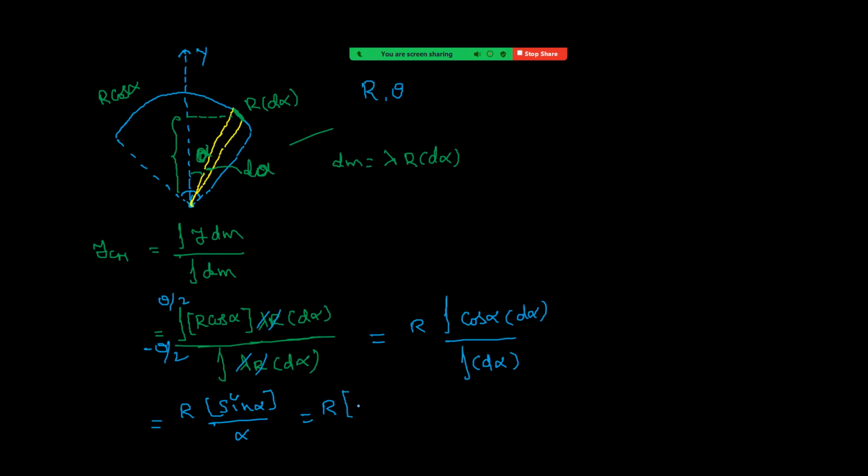R times sine theta by 2 minus sine of minus theta by 2, upon theta by 2 minus minus theta by 2.